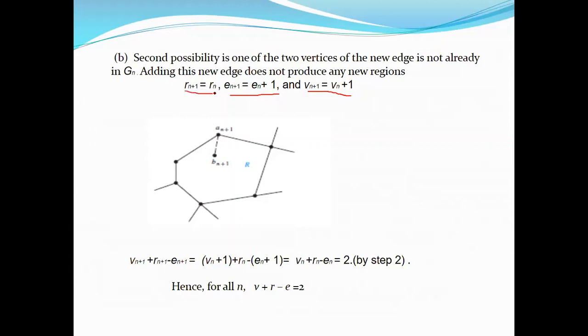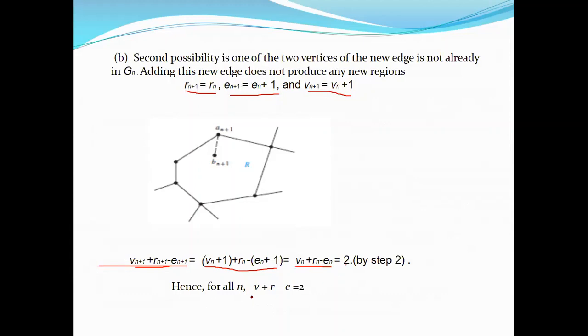But there is no increment in the number of regions, so it is not adding any new region. So Vn plus 1, Rn plus 1 minus En plus 1. The same calculation applies. This 1 gets cancelled with the increment of 1 of edges. So again we are getting Vn plus Rn minus En, which by step number 1 and step number 2 is equal to 2.